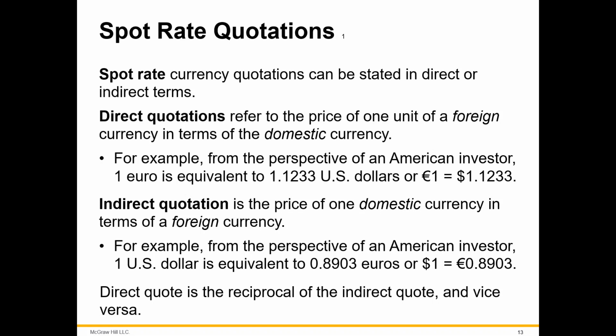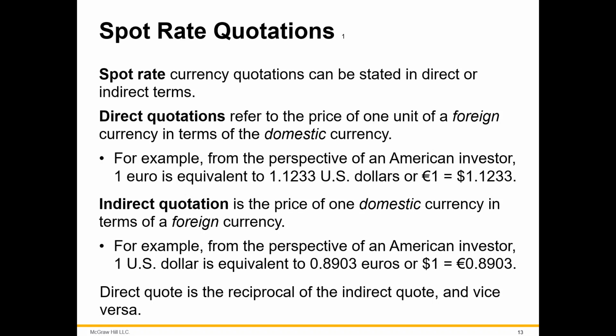So from the perspective of an American, we would call that an indirect quotation, right? So as an American, I'm thinking in terms of dollars, but the 140 isn't dollars, 140 is yen. So an indirect quotation is a quotation quoted in the foreign currency you're considering transacting in, right?